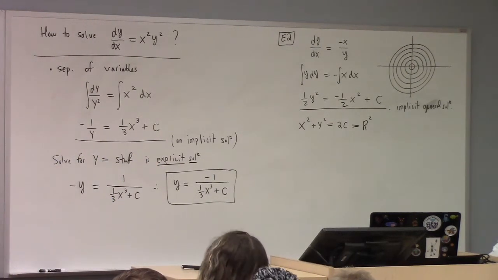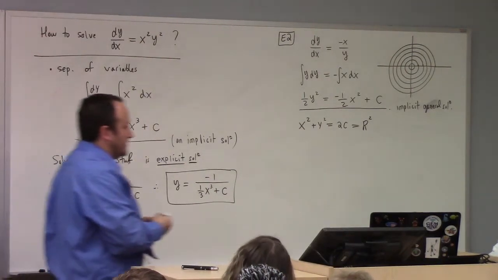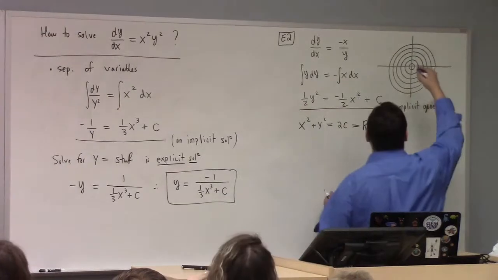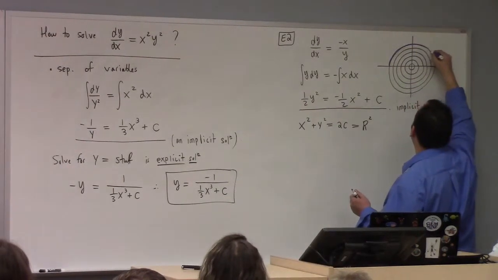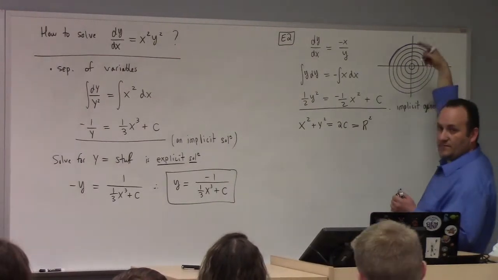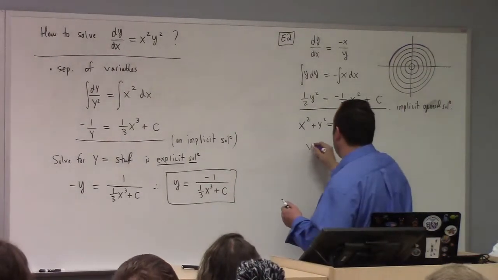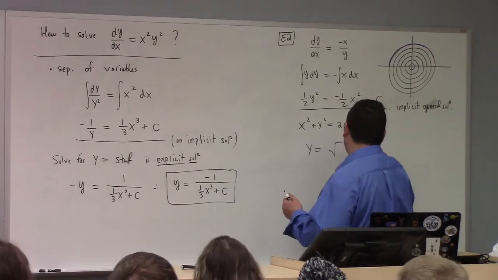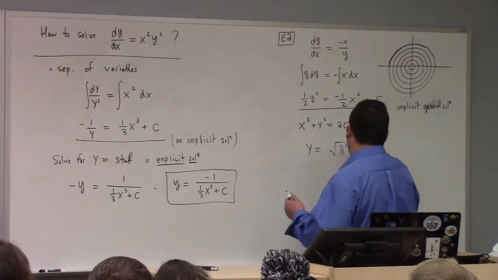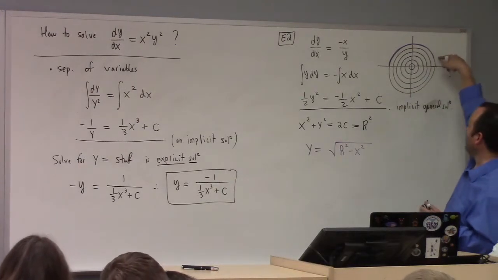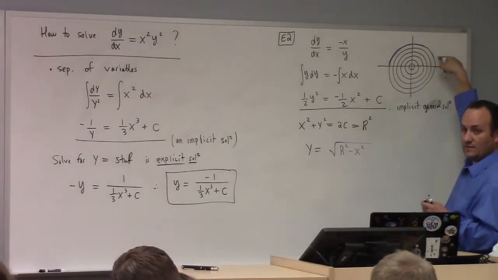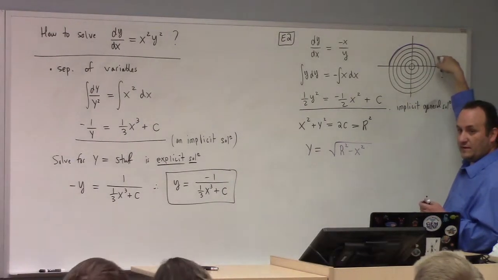If I wanted to find an explicit solution, say I wanted to find like this one up here, I could solve for something like that. That would be something like y is equal to the square root of r squared minus x squared. There are two different kinds of explicit solutions, right?